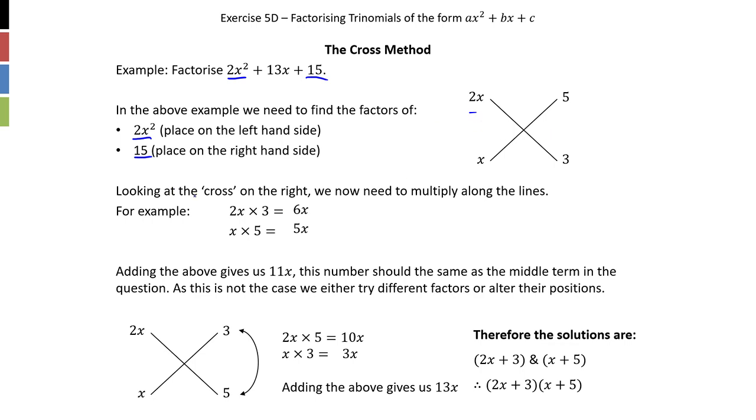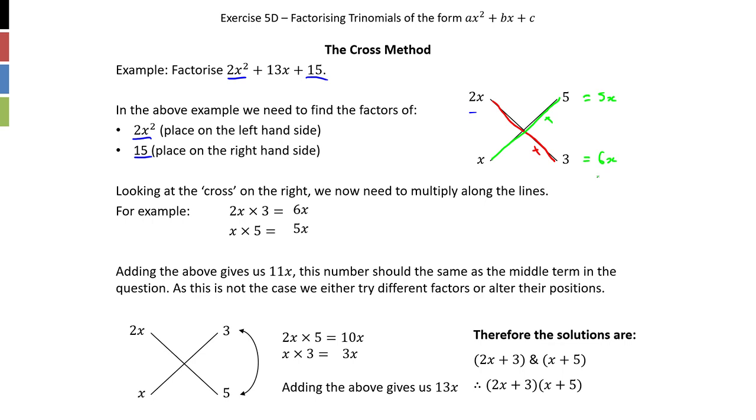Looking at the cross on the right, we now need to multiply along the line. Like I drew, we multiplied down across there, and then we multiplied across there. So x times 5 gave us our 5x. 2x times 3 gives us 6x.